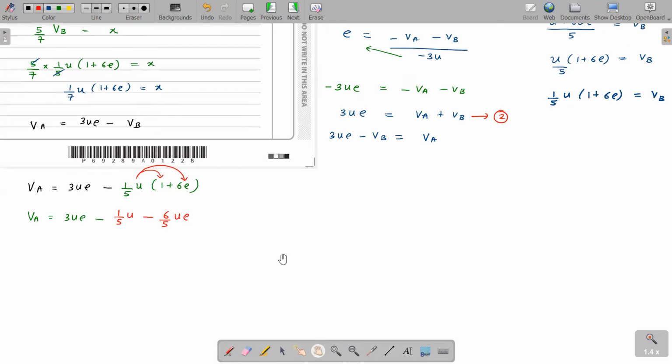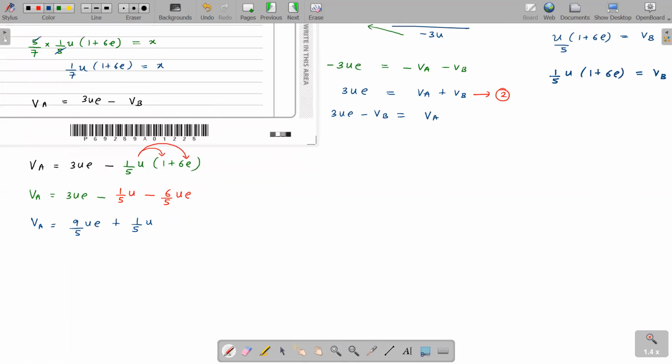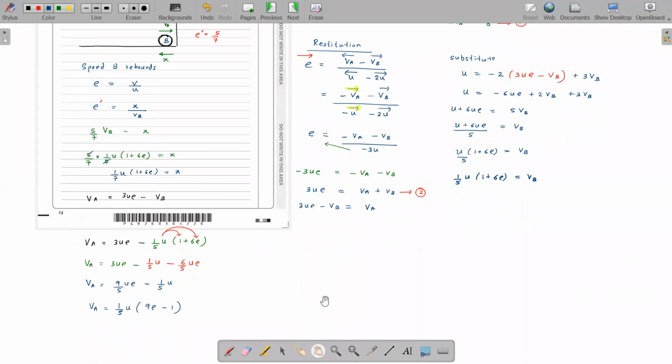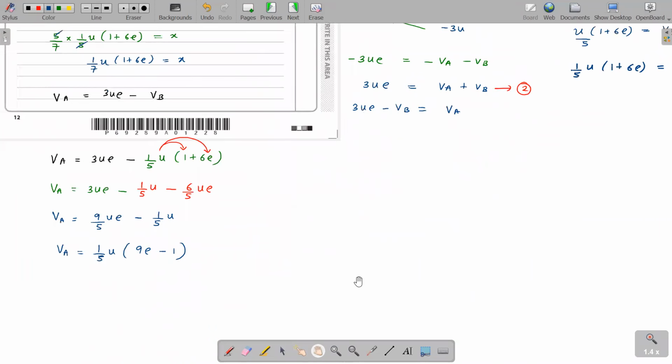So I can add the like terms. 3UE minus 6/5 UE is 9/5 UE, minus 1/5 U. Basically, I'll be taking the 1/5 and a U out. That gives me 9E minus 1. So this is the velocity of A. I get velocity A is 1/5 U times 9E minus 1.